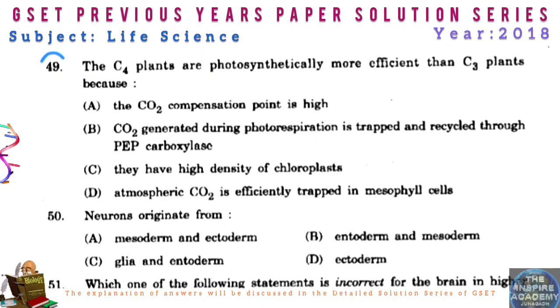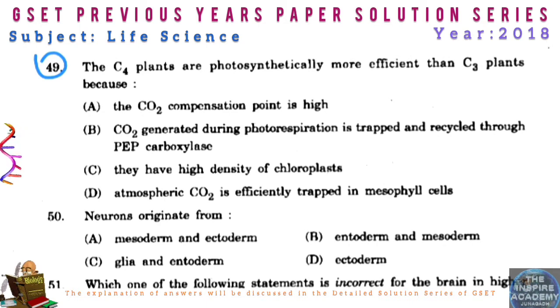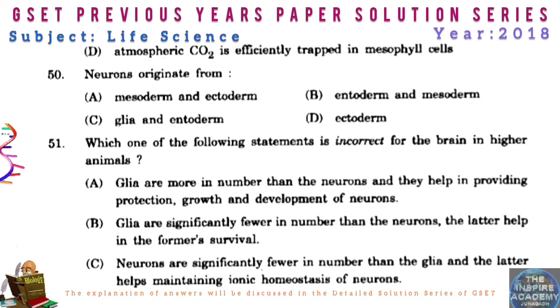Question number 49. The C4 plants are photosynthetically more efficient than C3 plants because CO2 generated during photorespiration is trapped and recycled through PEP carboxylase. Question number 50. Neurons originate from ectoderm.